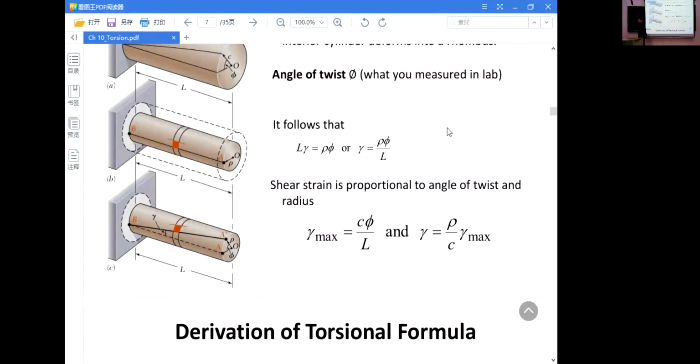So if we replace this part, we define it as the polar moment of inertia of an area. Yes, this part.